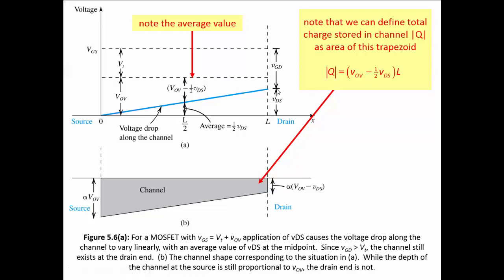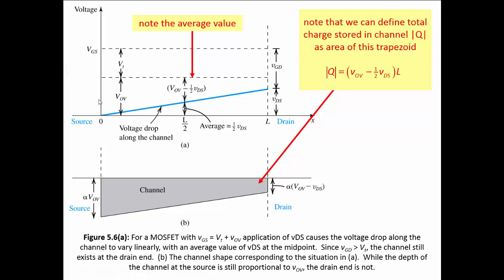Let's say this is 0.8 volts as well right here. So our overdrive voltage at this end is 1.2 minus 0.8, so about 0.4 volts. 0.4 volts overdrive here and 1.2 volts of overdrive here.